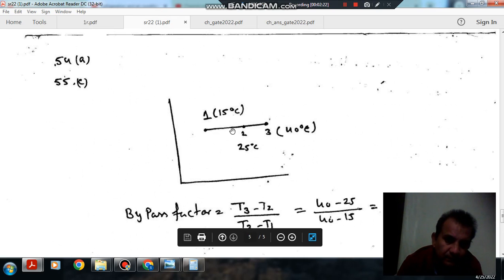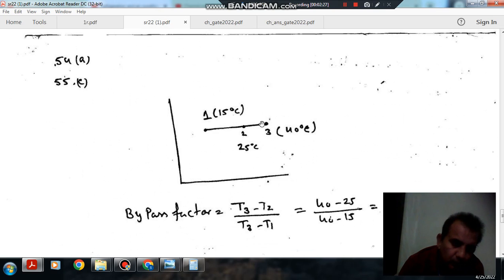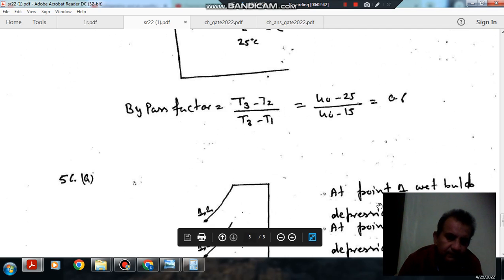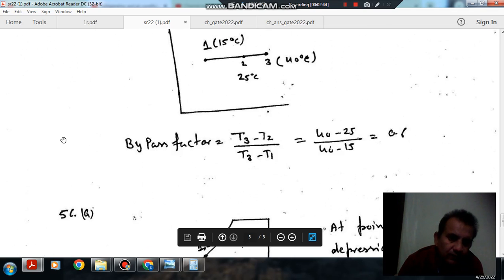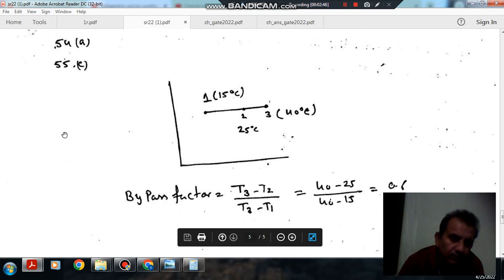So the bypass factor is (T3 minus T2) over (T3 minus T1), because this amount of air has been bypassed. Ideally the heating should take place up to point 3, but actually heating takes place only up to point 2. So T3 minus T2 is the bypass and T3 minus T1 is the ideal, so the bypass factor is 0.6. Okay, so the answer is 0.6, option C.